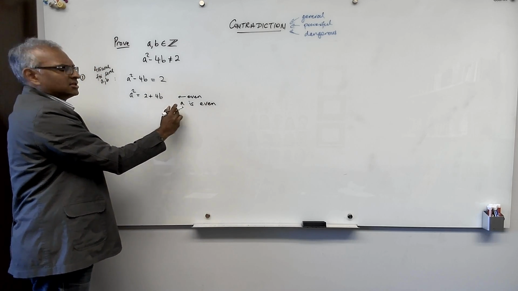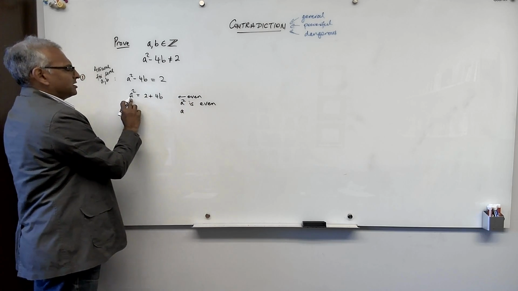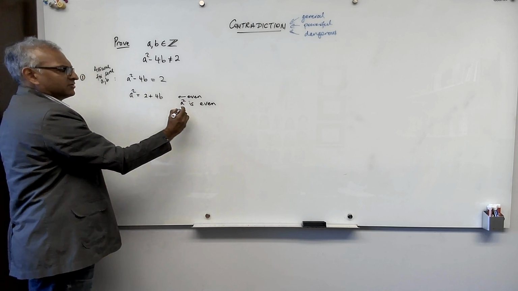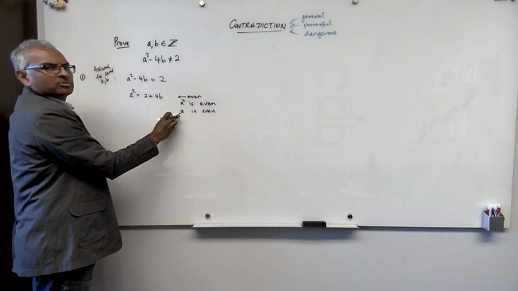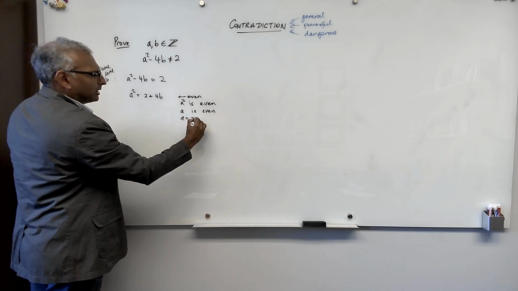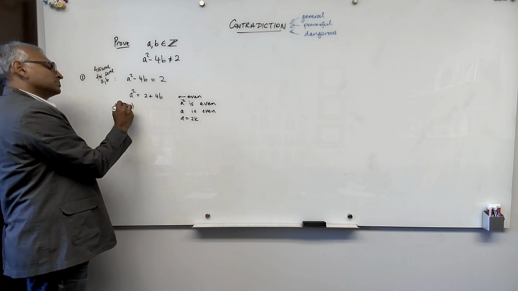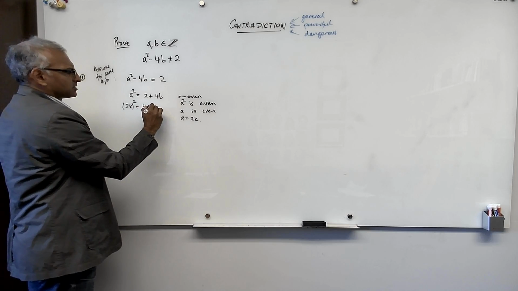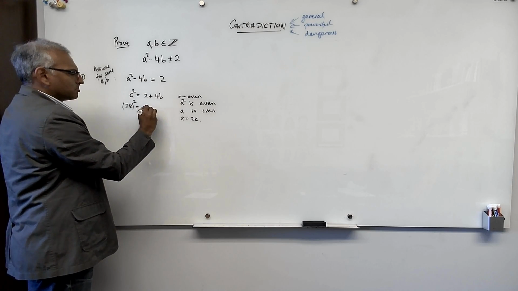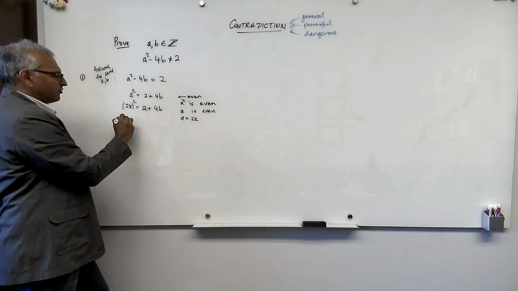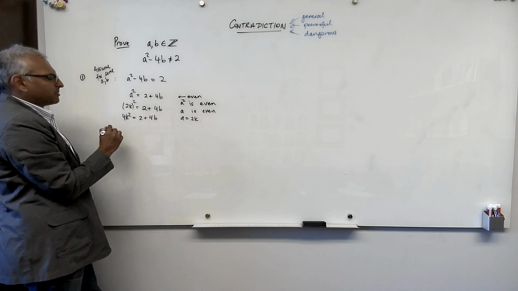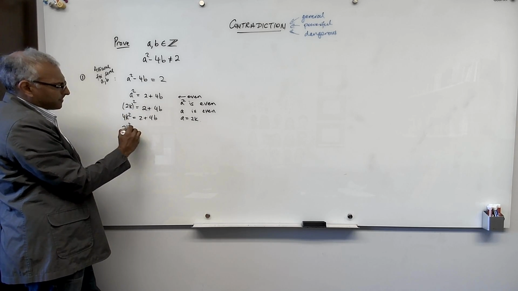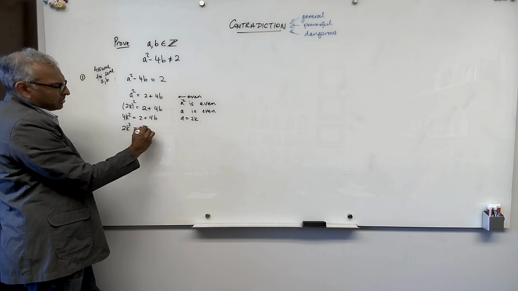And we know that if A is even, then A squared is even, and if A squared is even, then A is even, because every even square came from an even number. So A equals 2K. So 2K squared is equal to 2 plus 4B. So 4K squared is equal to 2 plus 4B. Divide both sides by 2. 2K squared is equal to 2B plus 1.